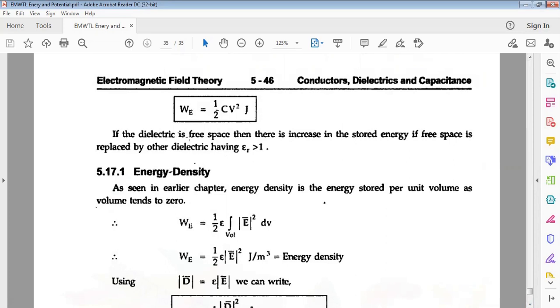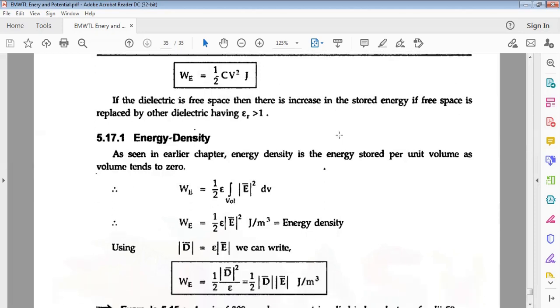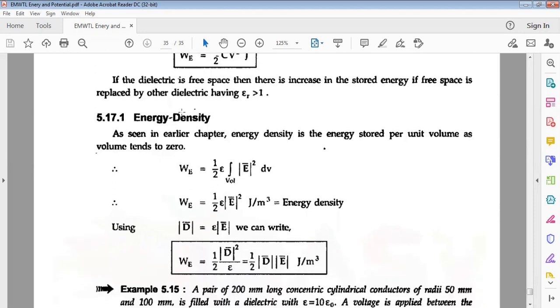If the dielectric is free space and it is replaced by another dielectric having epsilon R greater than 1, there is an increase in the stored energy. For free space only, W_E is equal to 1 by 2 C V square. And the energy density, we already know: W is equal to 1 by 2 epsilon naught E_R, E bar square into dv.